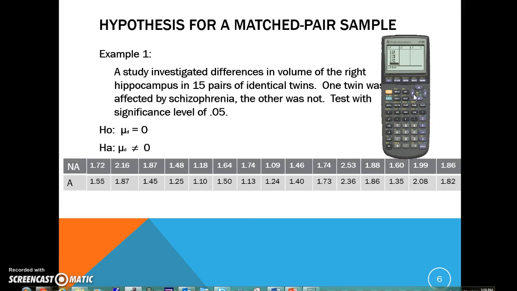Anyway, I'm just typing in the data. Okay. 1.09, 1.46, 1.74, 2.53, and so on.